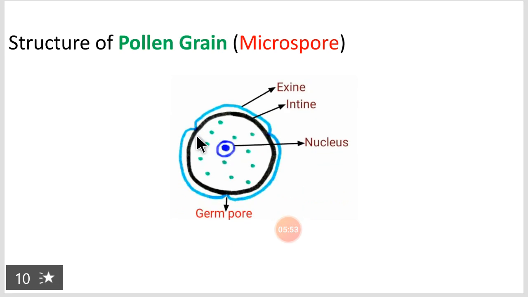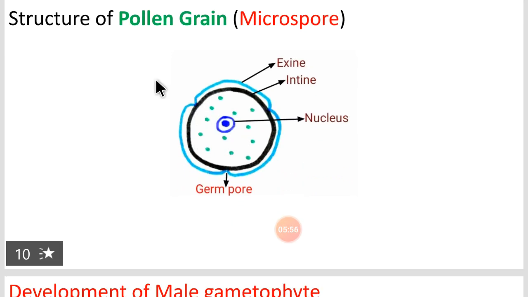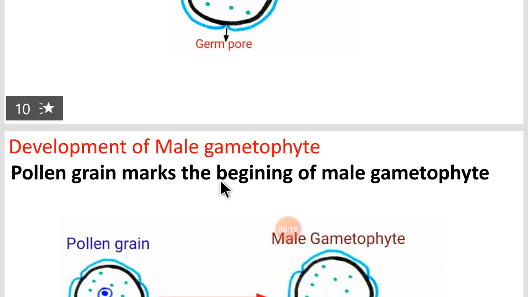So, in the structure of the pollen grain or microspore, simply, it is a circular structure. The outermost layer is called exine, the innermost layer is called intine, and it contains one nucleus, shown in blue here, and germ pores are also there at some places in the exine.